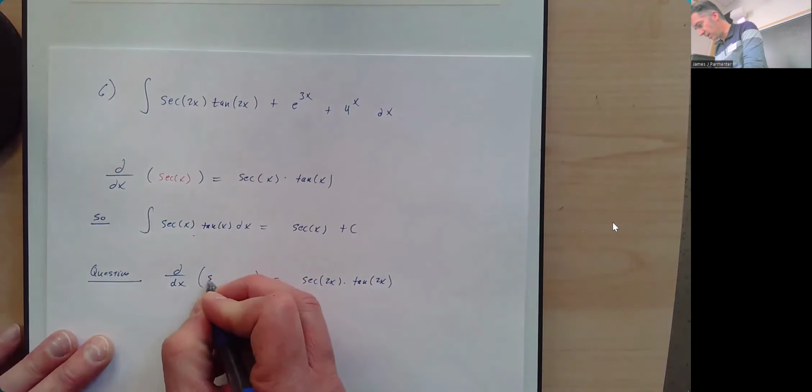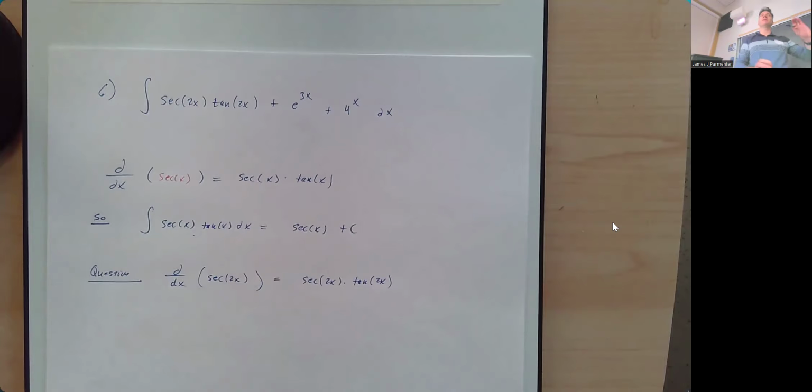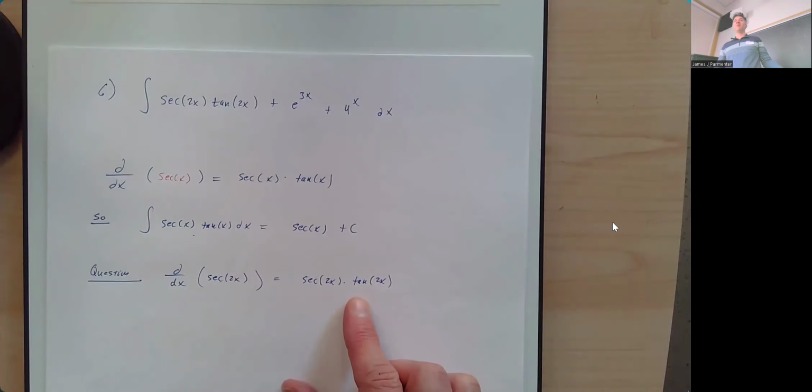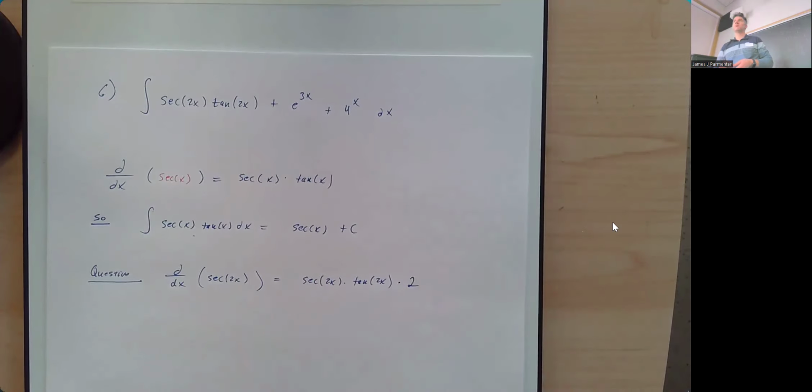Now here's the deal. We're almost correct. But if I take the derivative of secant of some stuff, and the answer is secant of some stuff times tangent of some stuff, I also have to multiply by the derivative of this stuff because of the chain rule. So the problem is the derivative of secant of 2x is actually secant of 2x times tangent of 2x times 2.